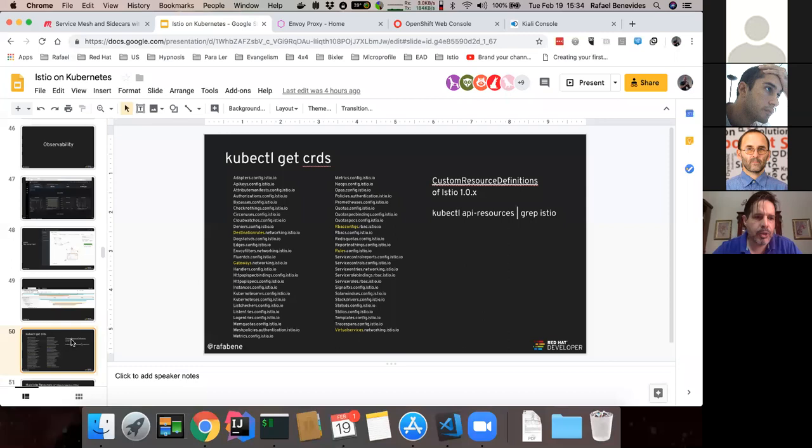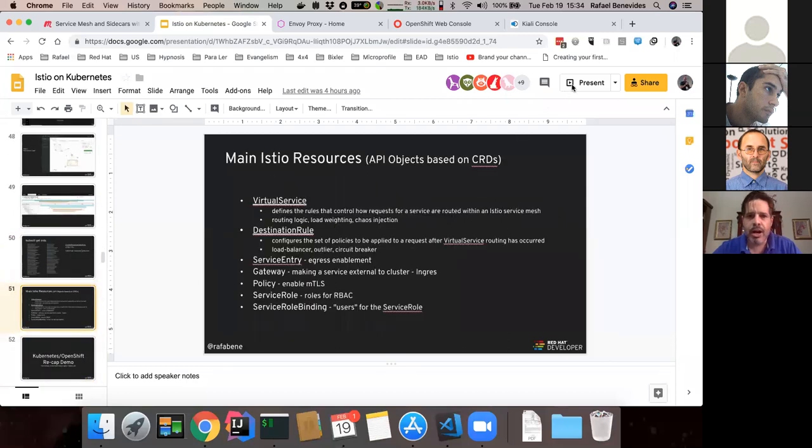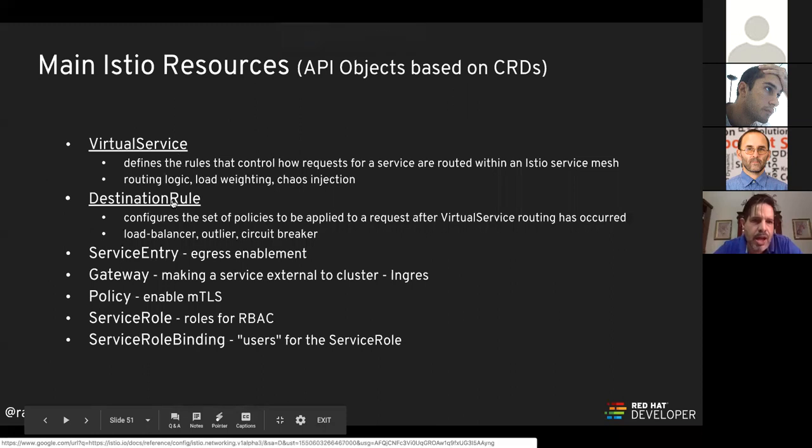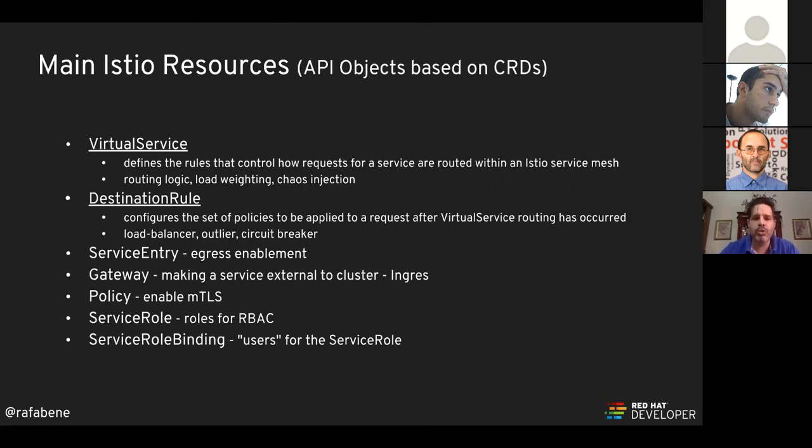But what we will mostly use are these two here, the virtual service and the destination rule. I will talk more about them when we start creating some rules inside Istio. Of course, you have service entry for egress, gateway for ingress. So inside Istio, you have both concepts, the egress and the ingress, policy, service role binding.